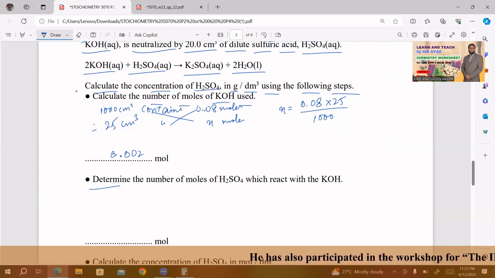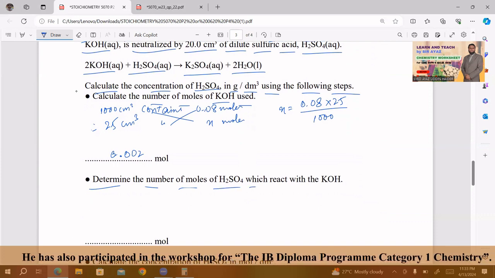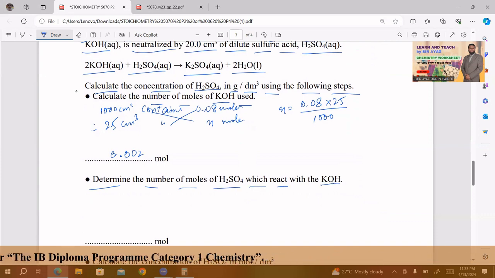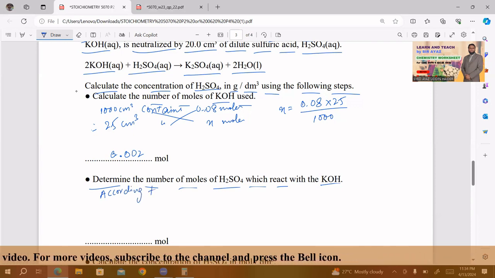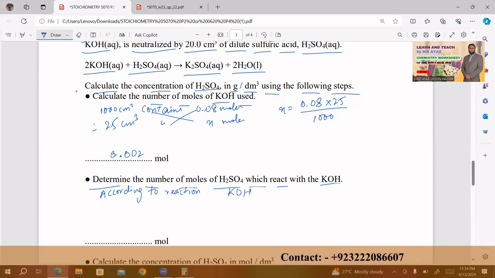Next part, determine the number of moles of H2SO4 which react with the KOH. According to the reaction, 2 moles of KOH react with 1 mole of H2SO4.